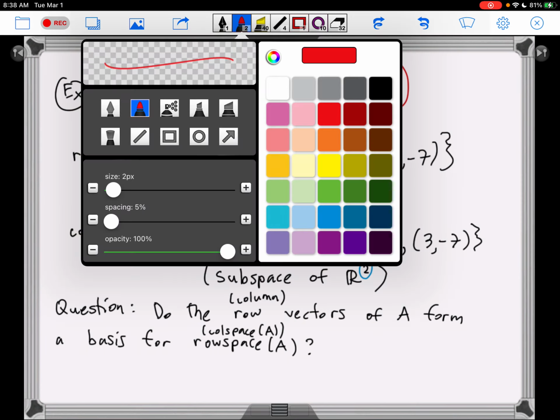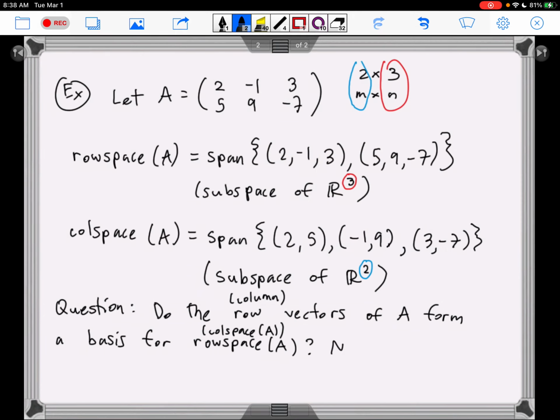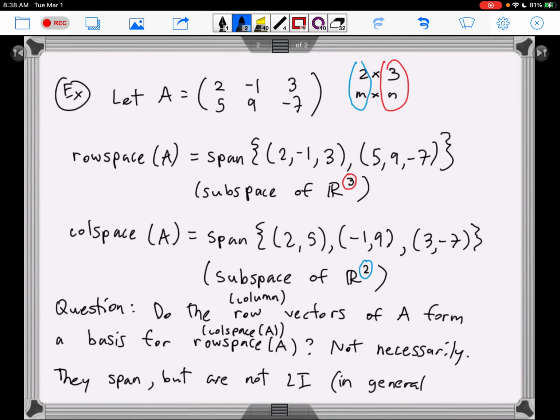So the answer, of course, to this question is not necessarily. I mean, you might get lucky, but not necessarily. They span, but are not linearly independent in general. Okay.